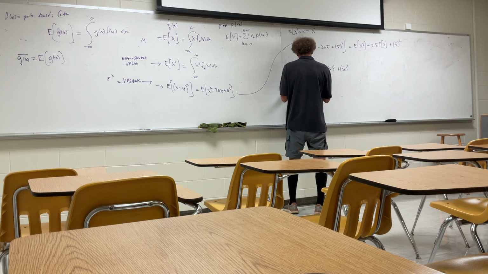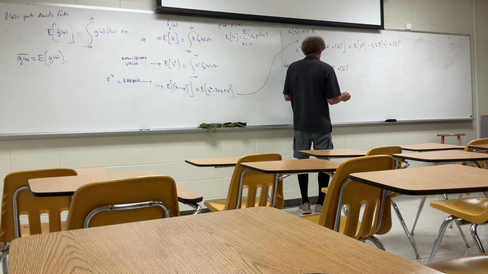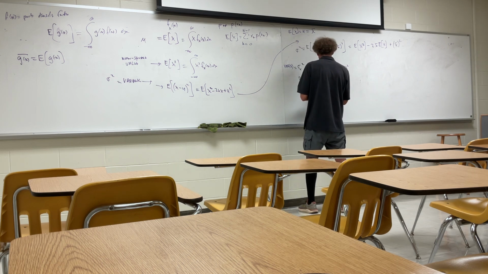So you get sigma x squared is equal to x squared bar. This is one of the things: x squared bar is the average of x squared, and it's going to be that plus x bar squared.